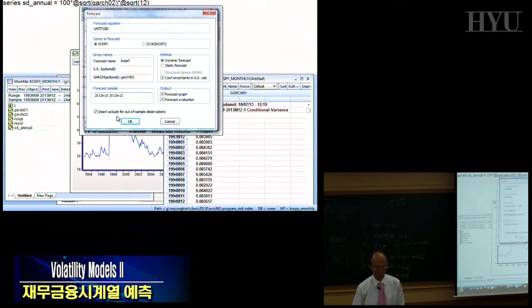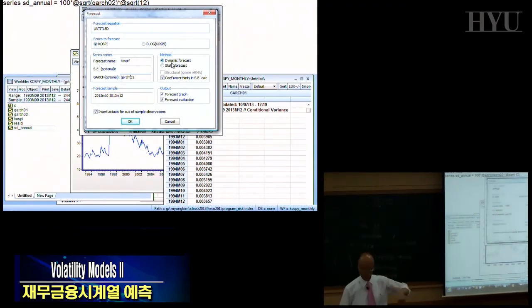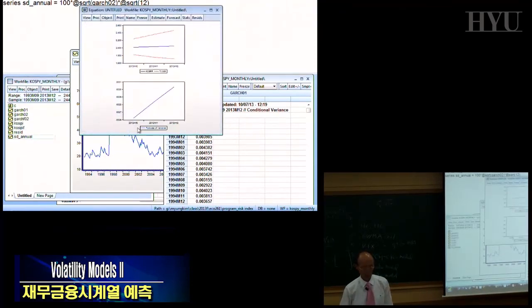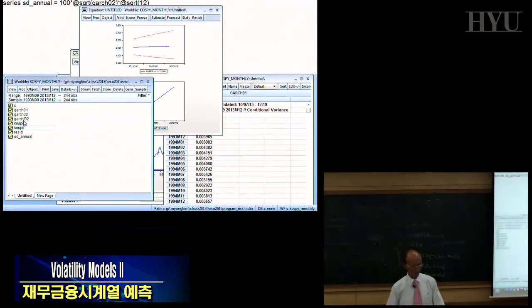Sigma t plus 1 squared and 2, 3, right? And the dynamic forecast means recursively calculating this one. So this is your forecast on stock price. And because this is very difficult to read, let's take a look at this and that.